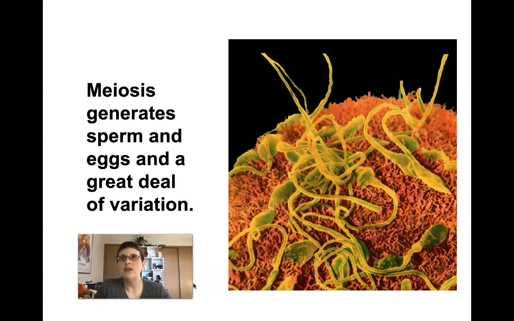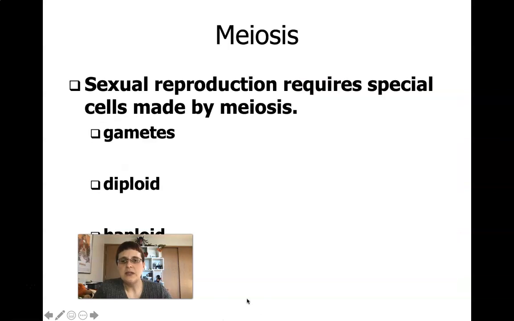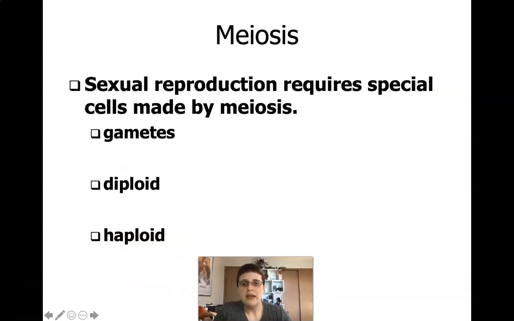Okay, so a couple of things we need to talk about before we get into actually looking at how meiosis works. So meiosis is going to be used for sexual reproduction. Obviously, we're going to make sperm and eggs, aka gametes.